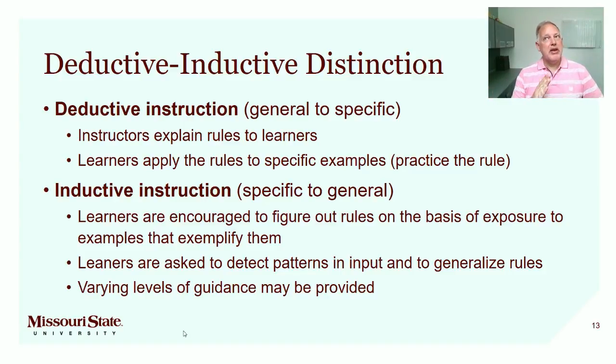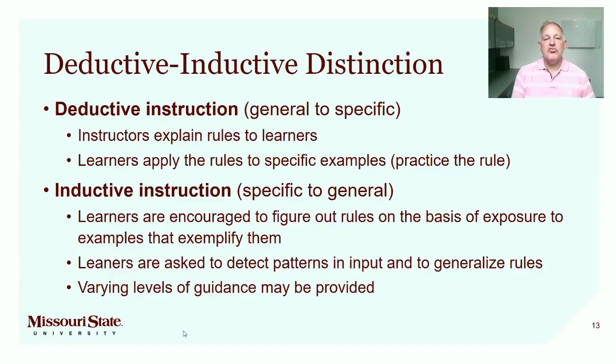Closer to the not as explicit, almost implicit, is inductive instruction. Inductive reasoning is going from specific examples to general principles. So in language learning, inductive instruction means that we encourage learners to discover, to figure out rules on the basis of exposure to examples or text that exemplify those rules. Okay? So learners are in effect asked to detect patterns in input and to generalize from those patterns rules in the language.